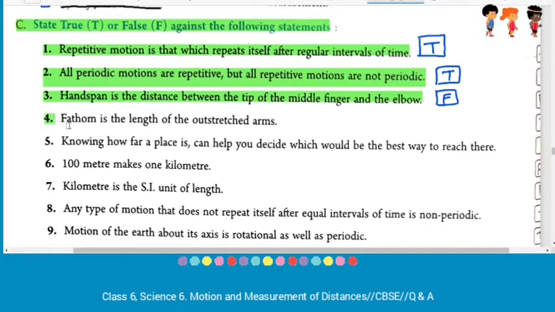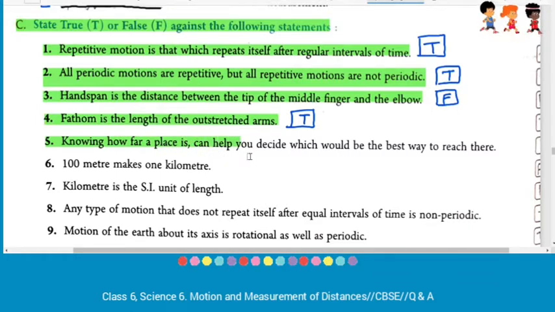Fourth one, fathom is the length of outstretched arms. This statement is true. Fathom is the length of the outstretched arms. Now fifth one, knowing how far a place is can help you decide which would be the best way to reach there.